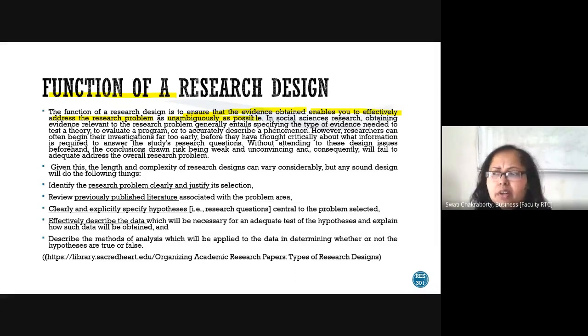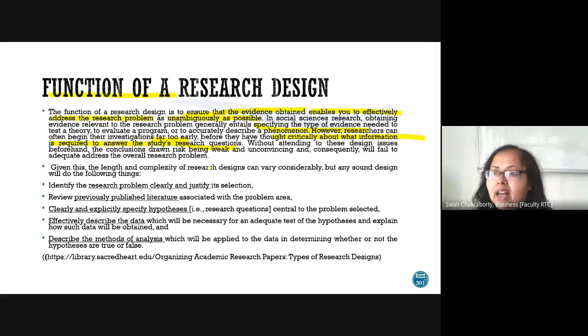In social sciences, when you obtain evidence relevant to your research problem, it involves specifying the type of evidence needed to test a theory, evaluate a program, or accurately describe a phenomenon. But researchers often begin their investigations far too early, before they have actually thought critically about what information is required to answer their research questions.